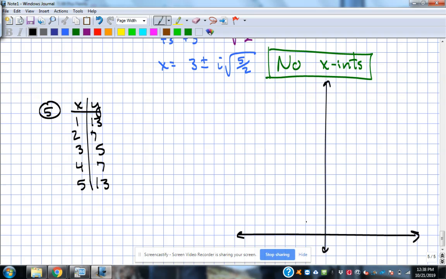But other than that, you probably don't have to. 3, 5.